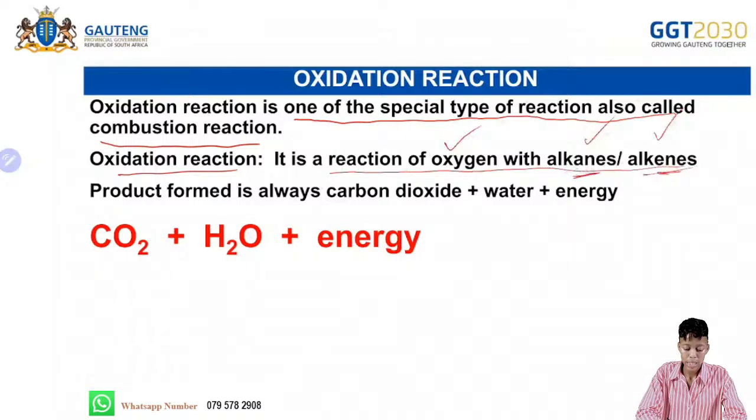So the reaction of oxygen, oxygen would be represented by O2, because it's a diatomic element, so it cannot appear alone. Hence, that's why it will be a constant. So it will be exactly like this as an O2, and you are not going to write it as a single element.